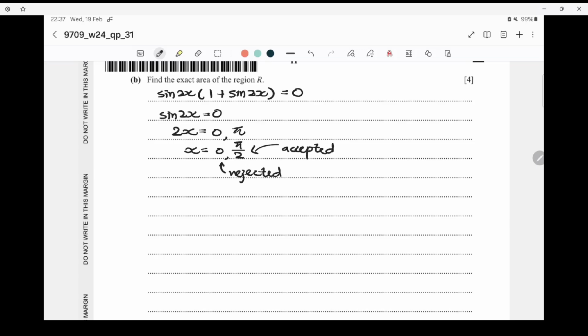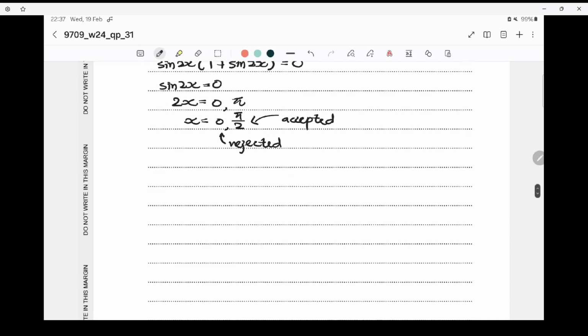But don't trust my words. You can also do another one. 1 plus sine 2x equals to 0. Because you have two terms, you need to test. So sine 2x equals to minus 1. So 2x will be equals to 3 pi over 2.